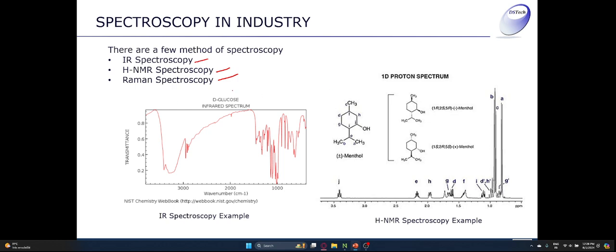There's also another spectroscopy called HNMR, which is nuclear magnetic resonance. Compared to IR, which shoots light, HNMR spectroscopy looks at the number of hydrogens in the molecule itself.